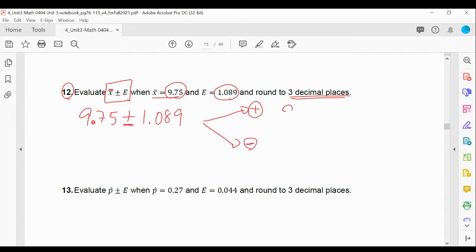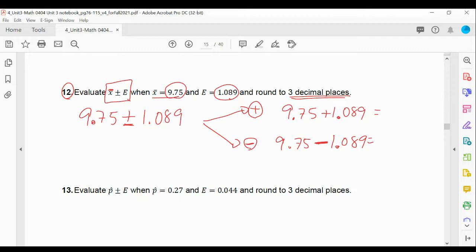So let's write those. 9.75 plus 1.089. The other one is 9.75 minus 1.089. So write them down. And what are the 2 values here? 9.75 plus 1.089.